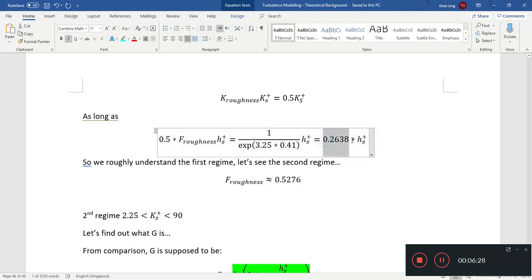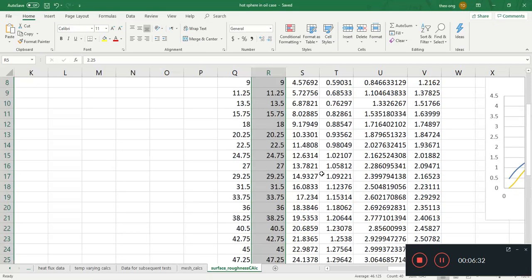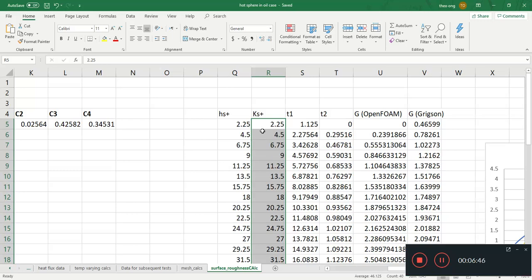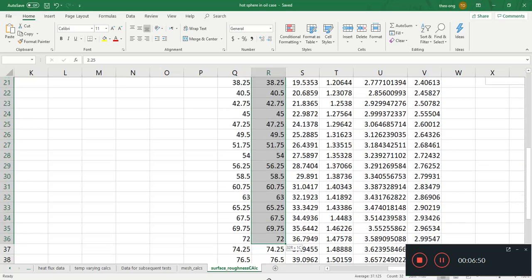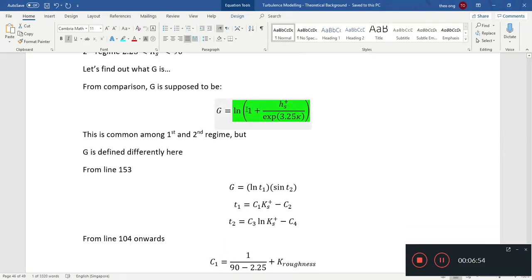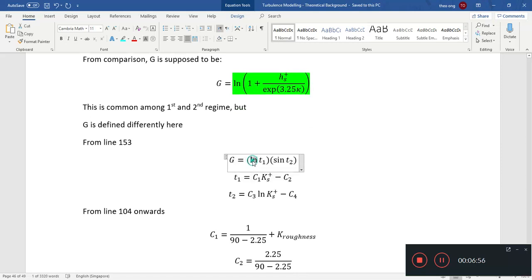You basically multiply by 2 to get the number. As long as we set F roughness as this and K roughness as 0.5, we are set. I did the Ks column first, because that will be used to plot the G of this.